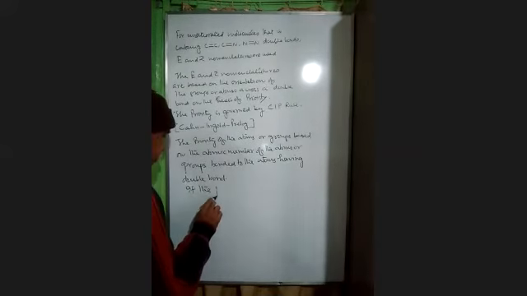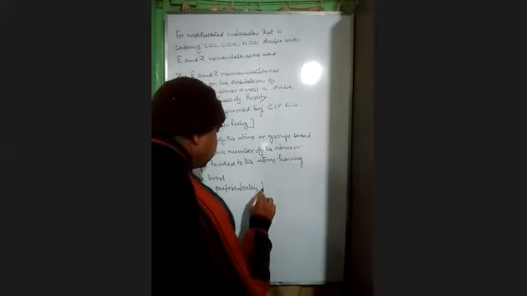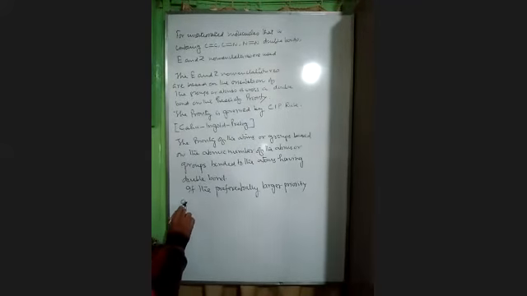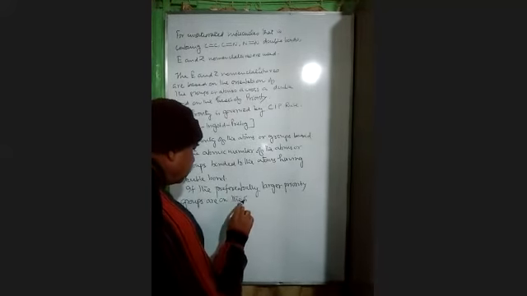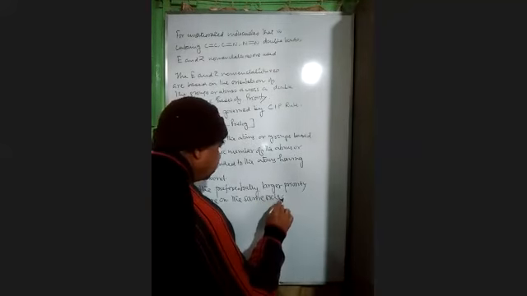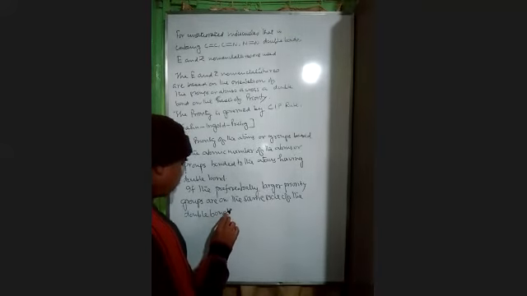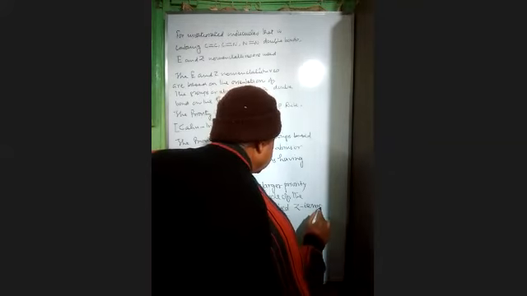If the higher priority groups are on the same side of the double bond, then it is called the Z isomer.